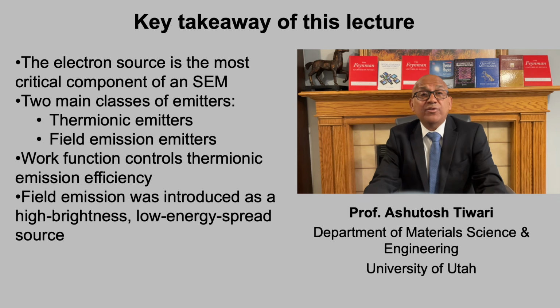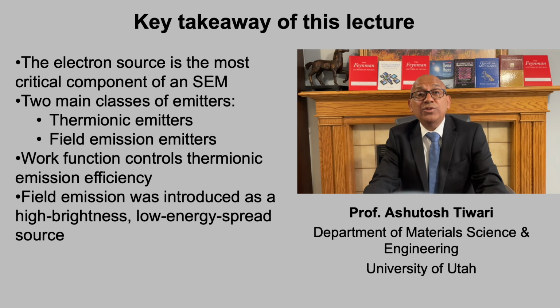The key takeaway from this lecture is that the electron source is the most important component of an SEM because it ultimately sets the limit on beam quality and imaging performance. In this lecture, we examined the two major classes of electron emitters used in SEMs. We first focused on thermionic sources and saw how work function plays a central role in determining emission current and operating temperature.